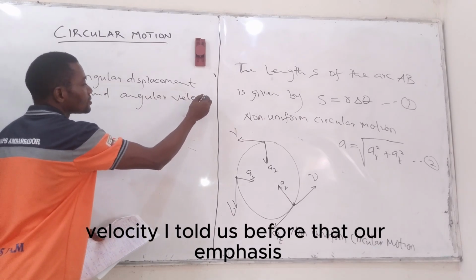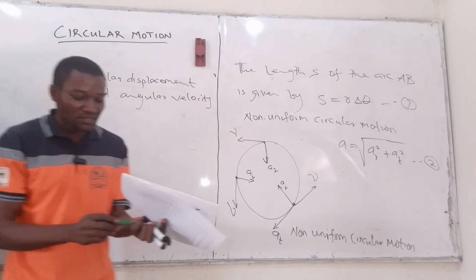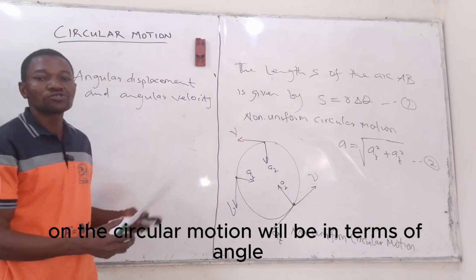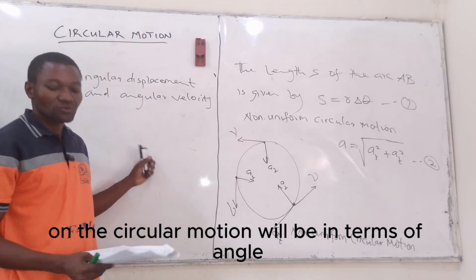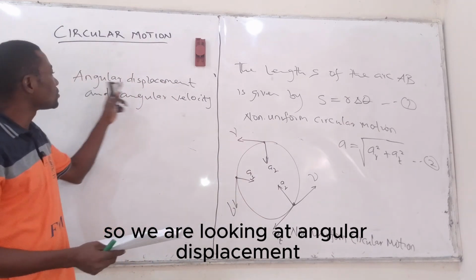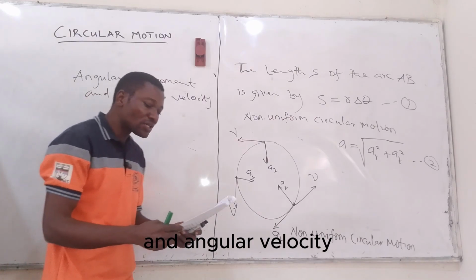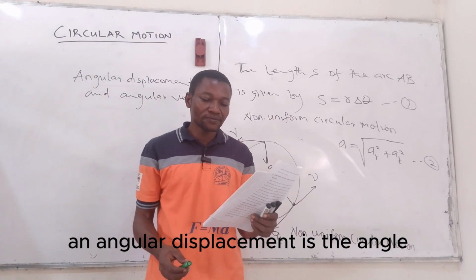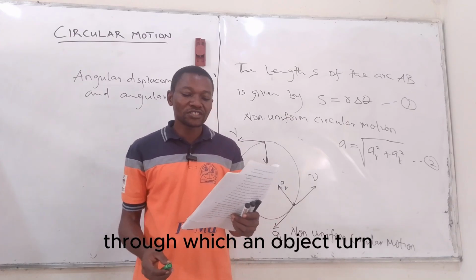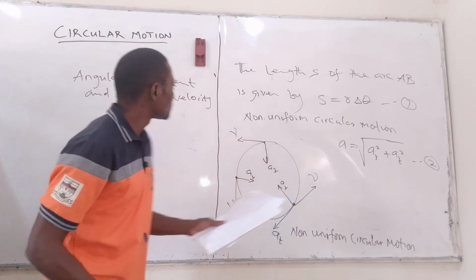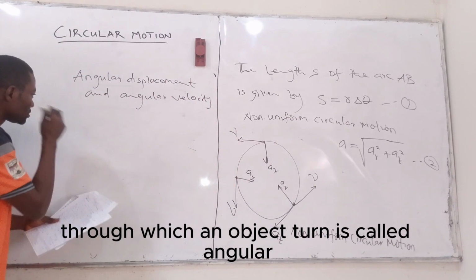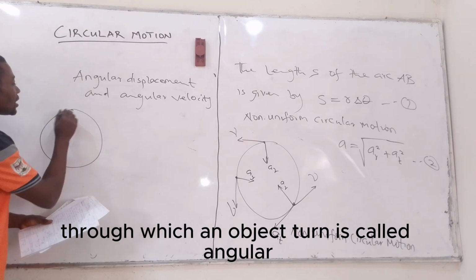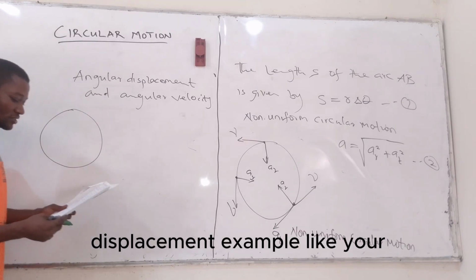I told us before that our emphasis under circular motion will be in terms of angle. So we are looking at angular displacement and angular velocity. An angular displacement is the angle through which an object turns. An angle through which an object turns is called angular displacement.